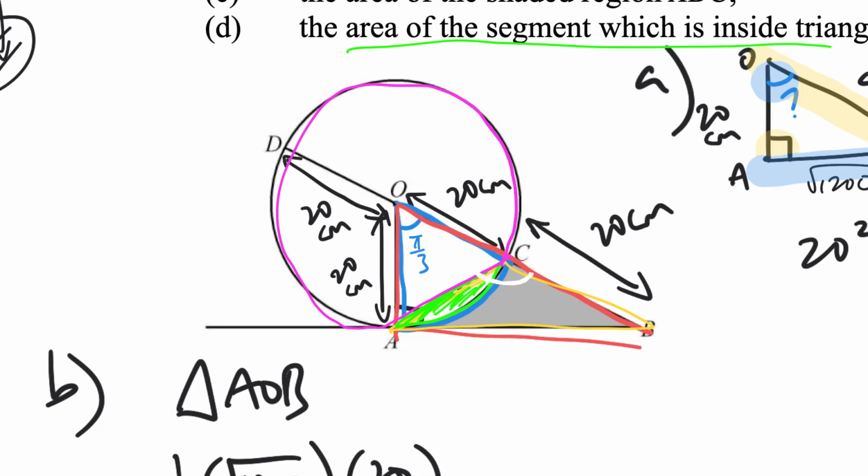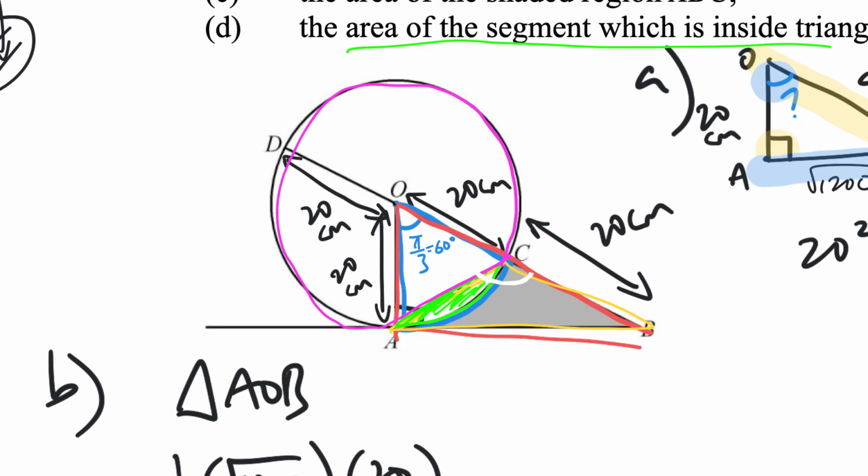I see that this is pi over 3, which, if you're not comfortable with that, is actually 60 degrees. And I also know that this is a radius, and this is a radius. That means this triangle is an isosceles triangle because this and this are both of the same length. That means this angle must equal this angle. So let's try to find that.